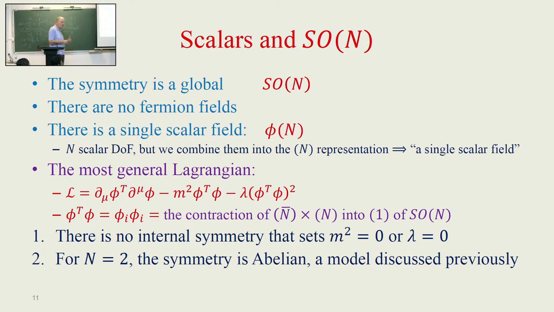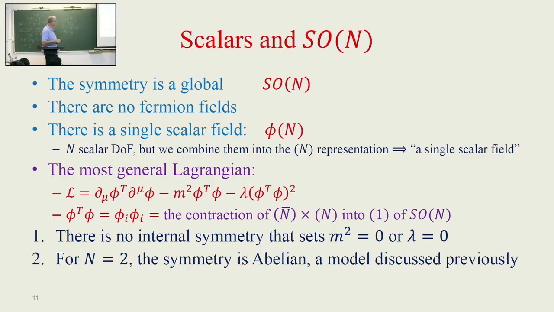This combination, even though each phi i is transformed, is a singlet of SO(N). So this combination under an SO(N) transformation remains the same. So these are the only types of things that you are allowed to write when this is the symmetry group and phi is in the fundamental representation.